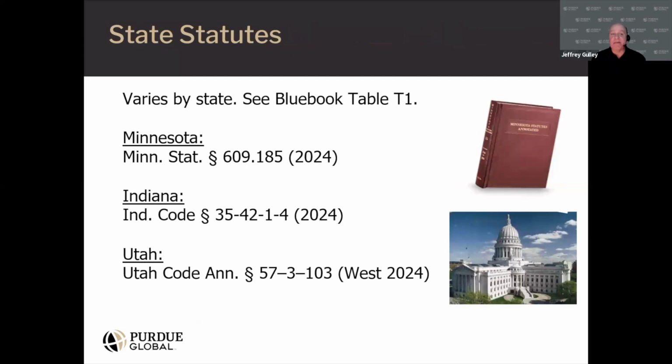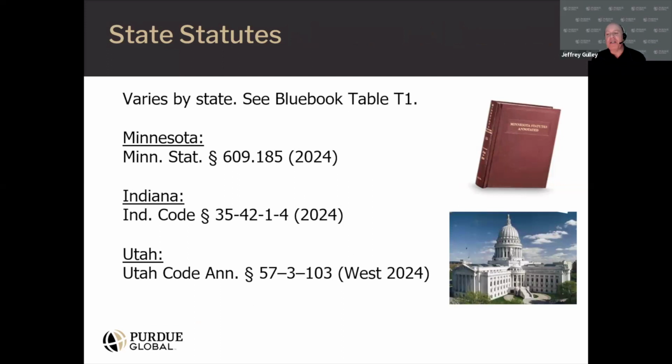State statutes are going to vary by state, but are quite similar. How do we determine the format? You can see the format here. Minnesota, it's Minnesota Stat. section symbol. Indiana Code. Utah Code Annotated.